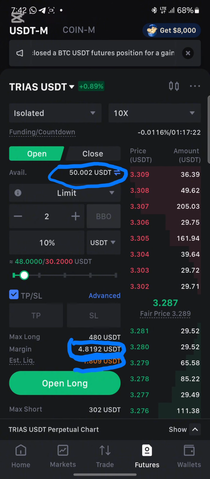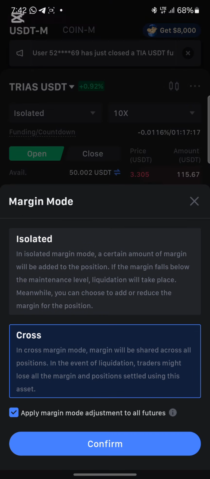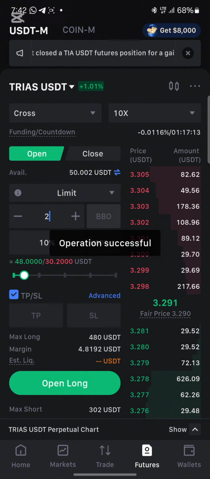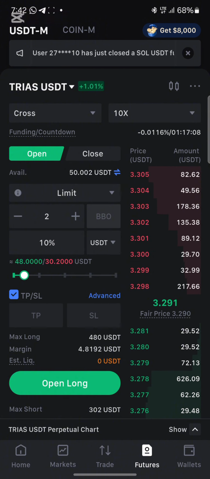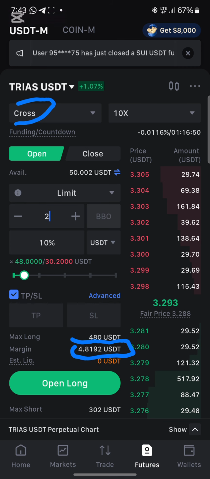So then let's look at cross margin. In cross margin, you enter a trade, and you are benefiting based on your margin. If I decide to enter this trade on cross margin, you can see the cross margin here, and you can see the same margin I'm using, 4.8.